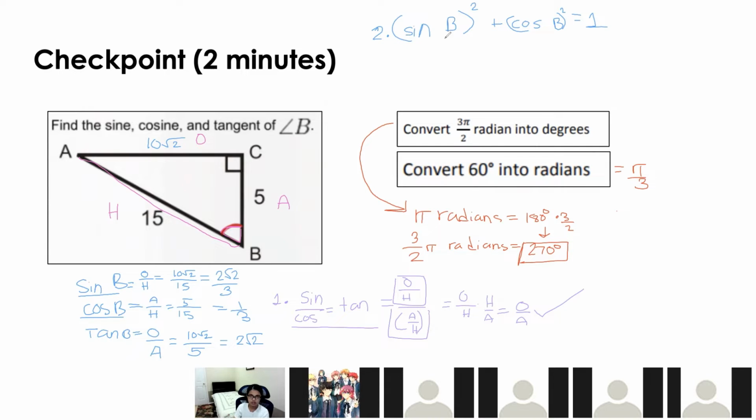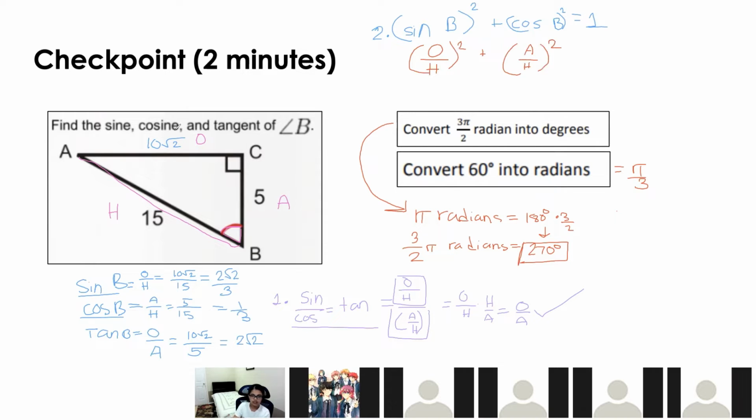So why is this true? Does anyone want to try it out, how to prove it? Okay, so sine of B squared, we can just write it as O over H squared plus A over H squared.